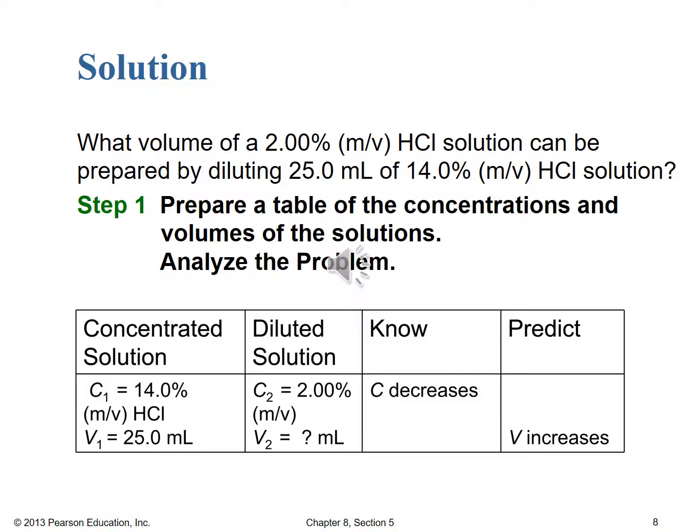For our diluted solution, we know the diluted concentration will be 2.00% mass per volume as well, so the same units as our starting concentration, but we don't know how many milliliters of solution we'll have after we dilute that original solution to this new diluted concentration. We do know that concentration decreases as we dilute a solution, so we expect V2 to be a larger volume than 25.0 milliliters, because C2 has gone down, so V2 must go up from V1.